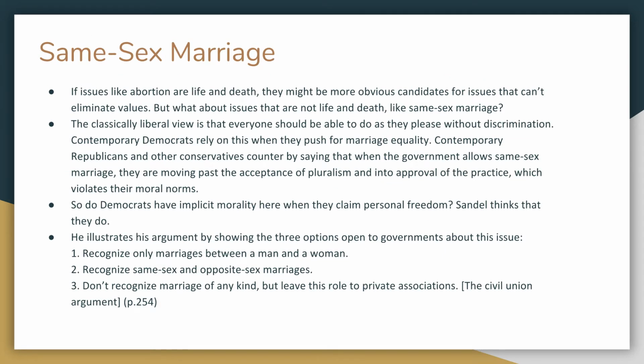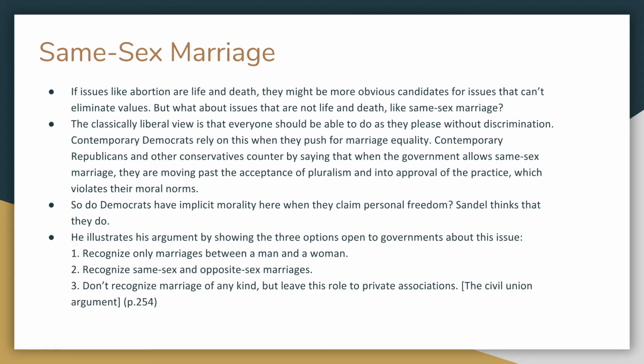He spends a lot more time on same-sex marriage because it's harder for us to understand, if it's not a life and death matter, how morals have to come into the picture, especially if we're classical liberals who believe in individual liberty above all else. So if you're thinking about things like abortion and stem cell research, those are obvious, where it's harder to take out the morals for those issues because they're life and death.